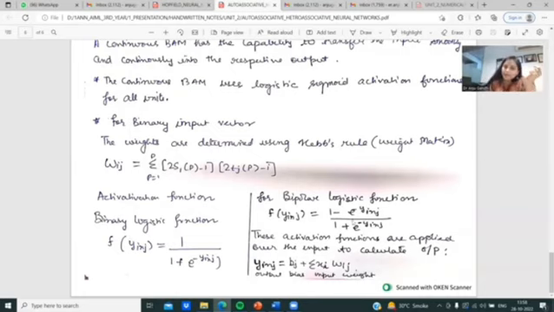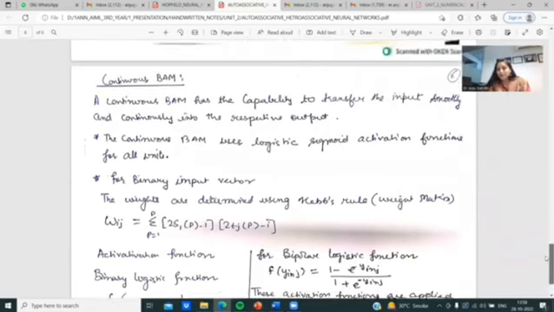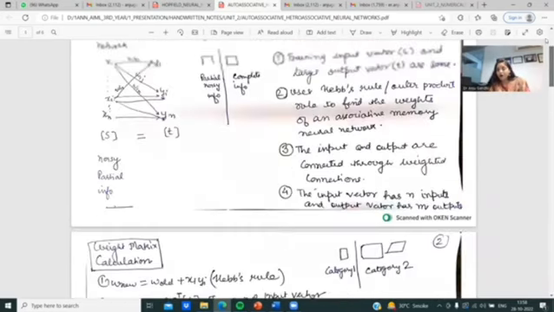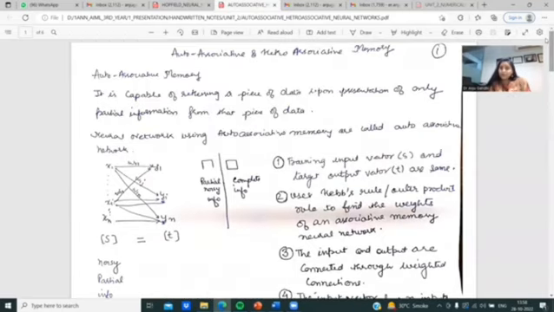After the activation functions are applied on the input, we calculate the output: we take the summation of all the x's and wi, and we get the y, right? So this is how we can demonstrate the auto-associative memory and hetero-associative memory.